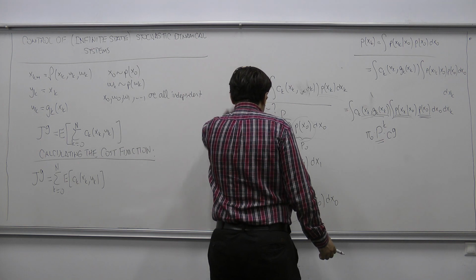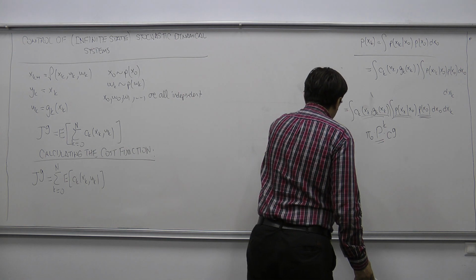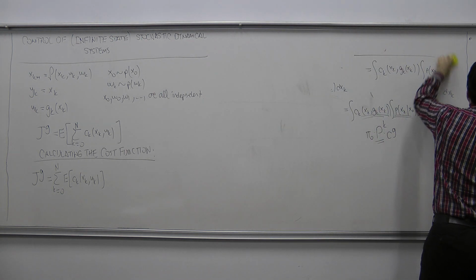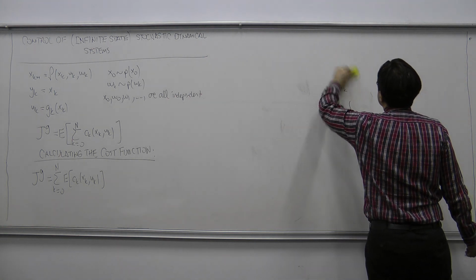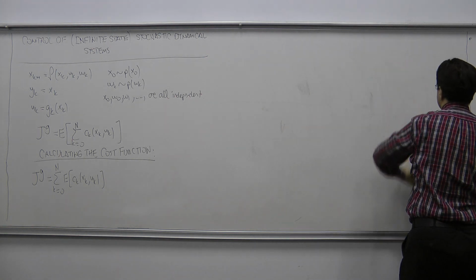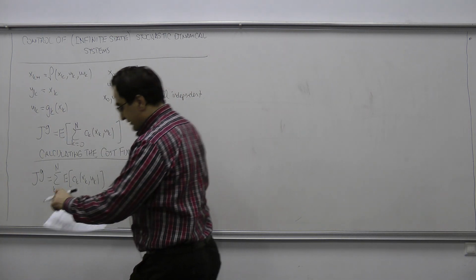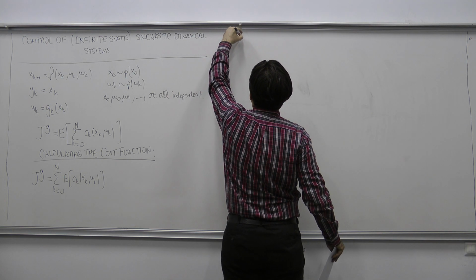And we are going to see that the recursive way is much easier to apply, and it is also going to be useful for us in applying optimal control ideas to these infinite state stochastic dynamical systems. Okay?